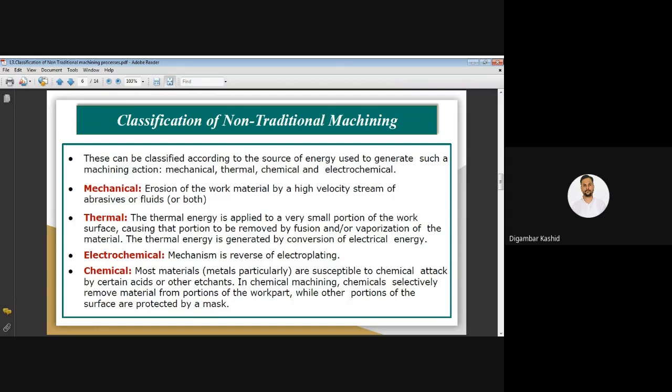The different types of mechanical energy based processes, as already mentioned, are abrasive jet machining (AJM), water jet machining (WJM), abrasive water jet machining (AWJM), and lastly ultrasonic machining (USM). So I repeat, erosion of work material by a high velocity stream of abrasive or fluid or both is a typical form of mechanical action.